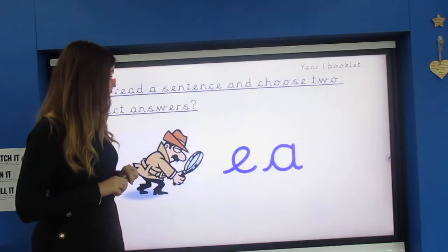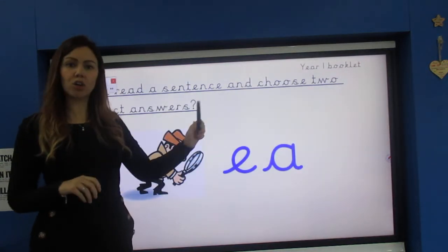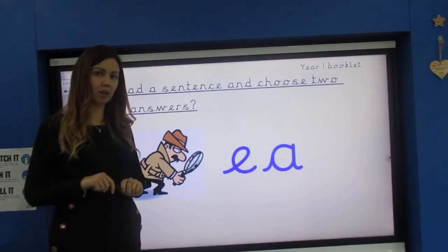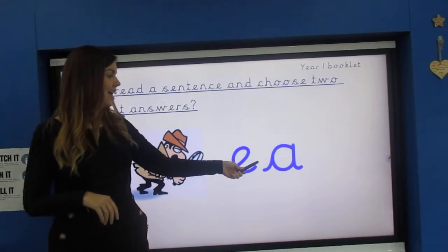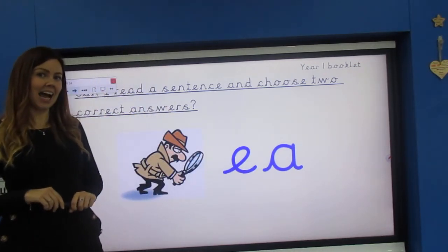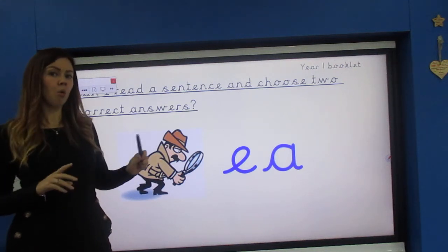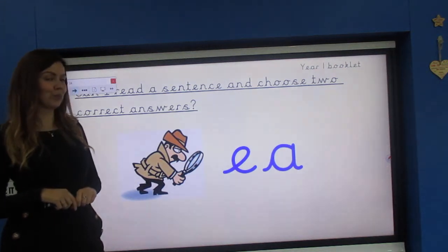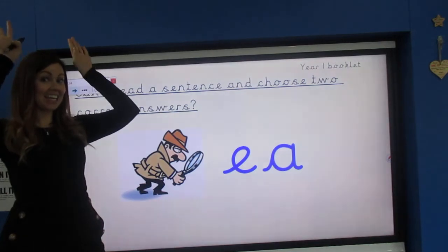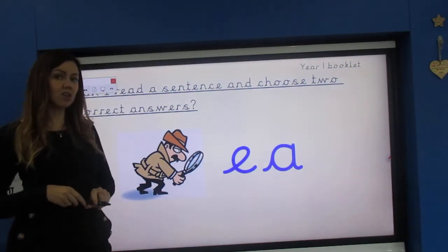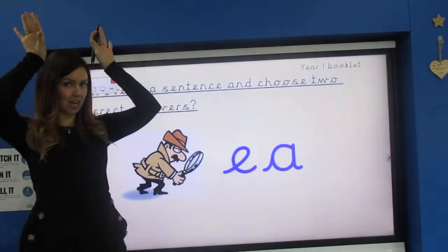So, the first sound that you might come across that I think we might need a bit of a reminder on is an ea. And who can tell me what sound that makes? It's an E sound. If you're not sure, this makes an E sound.